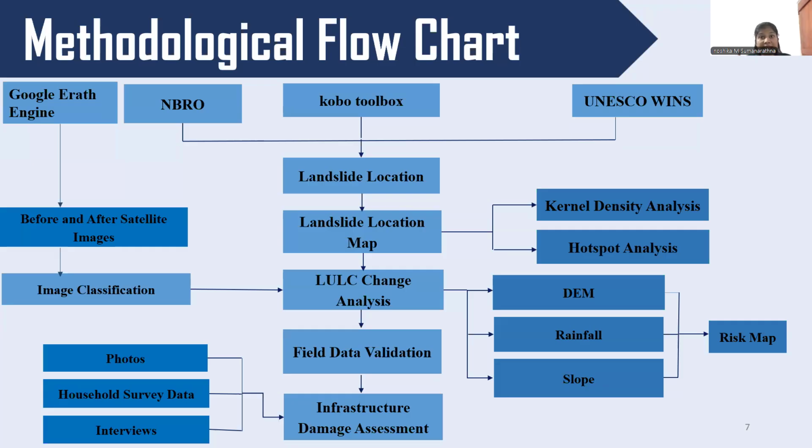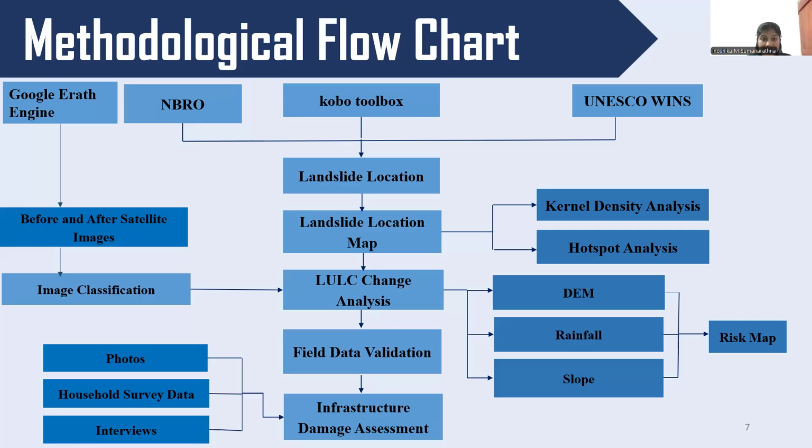Next, landslide locations were examined using kernel density analysis and hotspot analysis to identify areas with high concentration of landslides. To understand the factors influencing landslides, the digital elevation model, rainfall and slope data were integrated with the land use analysis to create the landslide risk map.